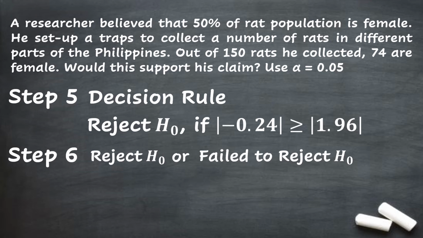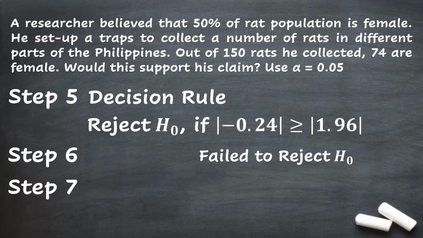We go back to the mathematical statement and check if it is true or false. The absolute value of negative 0.24 is greater than or equal to 1.96. We extract the absolute value, so we have 0.24 is greater than or equal to 1.96, which is false. That's why we fail to reject the null hypothesis.